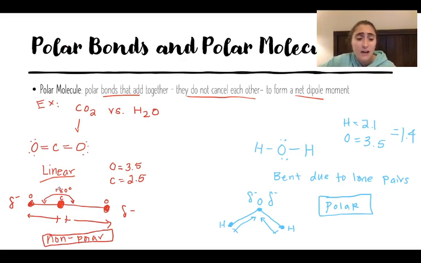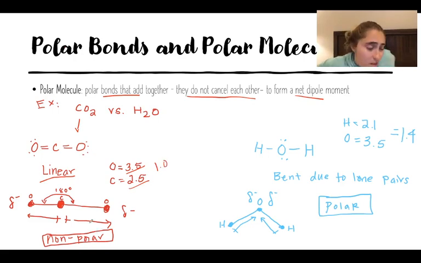And then I'm going to find out where my polar bonds are. So I have two bonds here. I have an oxygen bonded to a carbon, and I have an oxygen bonded to a carbon. Oxygen has an electronegativity of 3.5, and carbon has an electronegativity of 2.5. So that's a 1.0 difference.